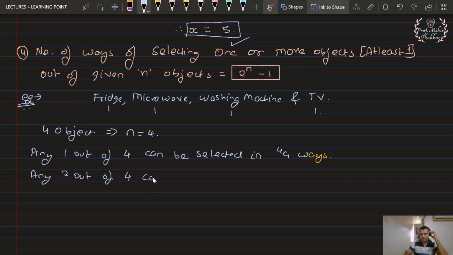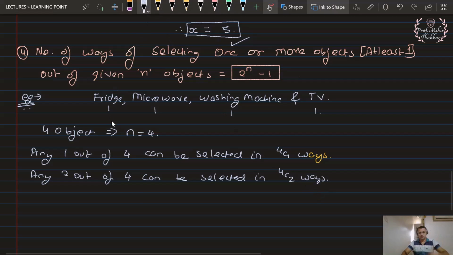Any 2 out of 4 can be selected in 4C2 ways.